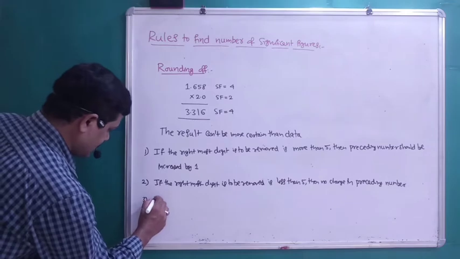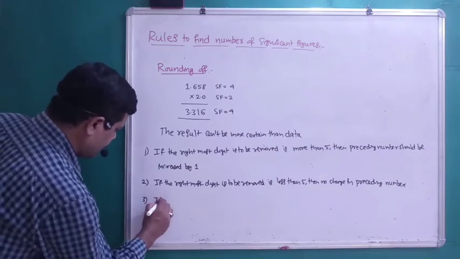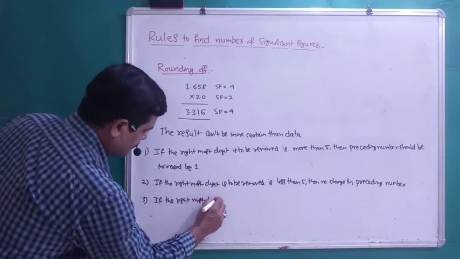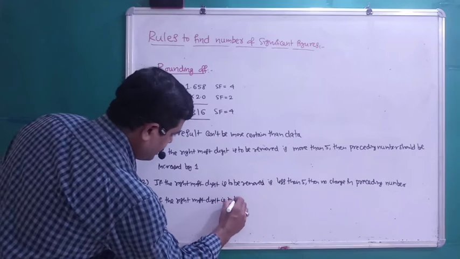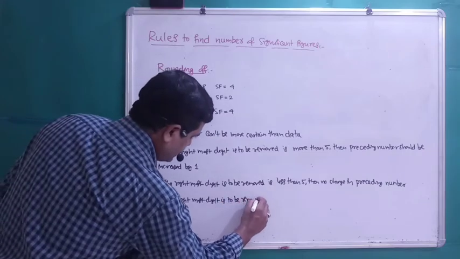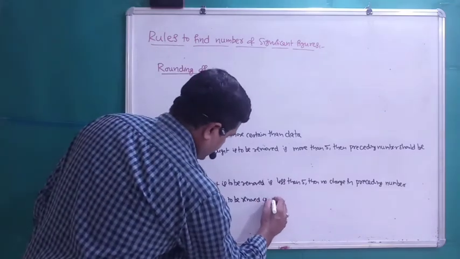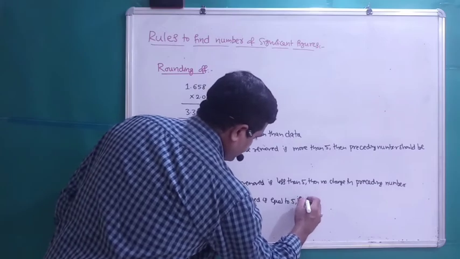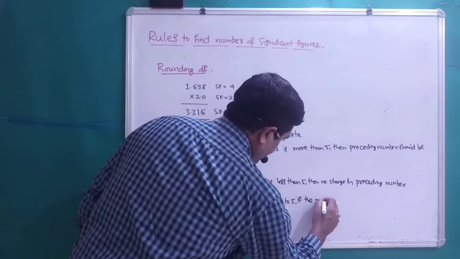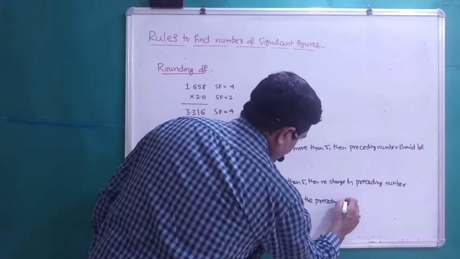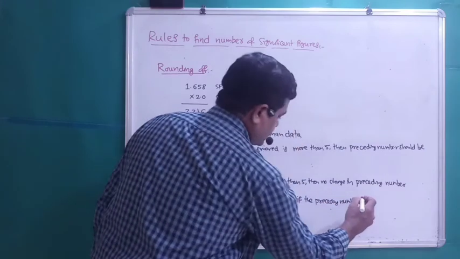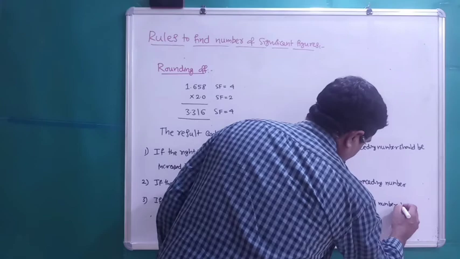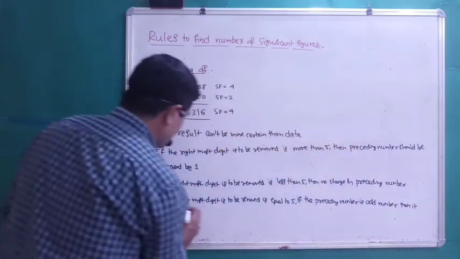Third rule is, if the rightmost digit to be removed is equal to 5, if the preceding number is an odd number, then it is increased by 1.